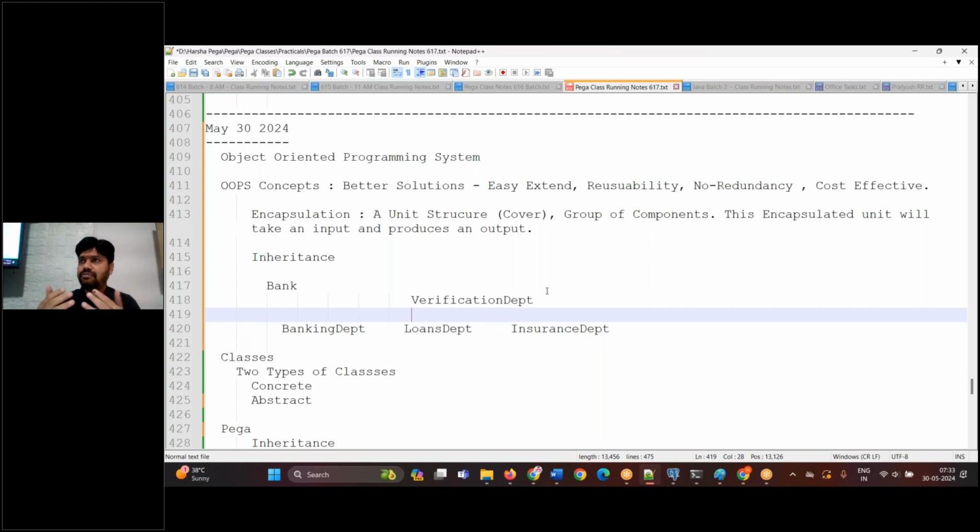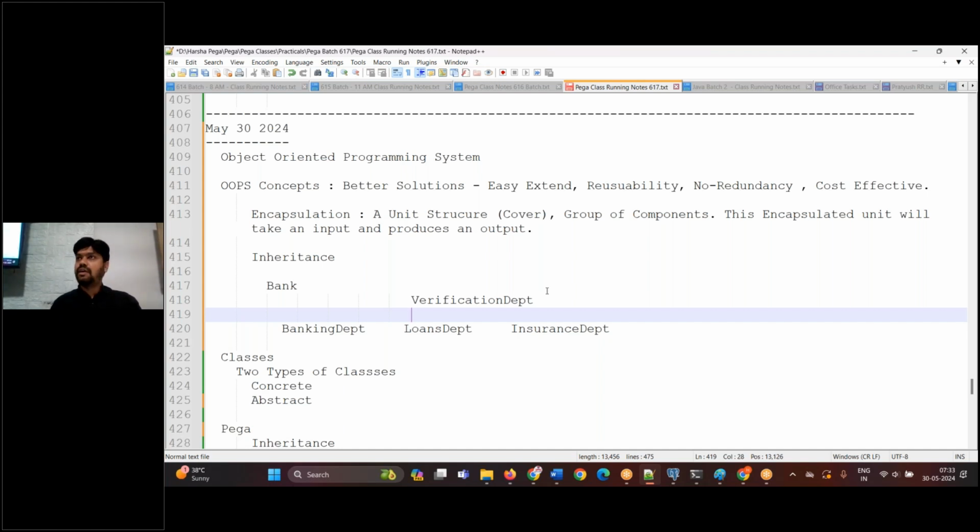Let's say father, child. Son can access the property of father, yes or no? Daughter can access the property of father, yes or no? A child can access the property of parent. So this is called inherit. Why can you access? You are being inherited from your parents. You have authority to access it, right?